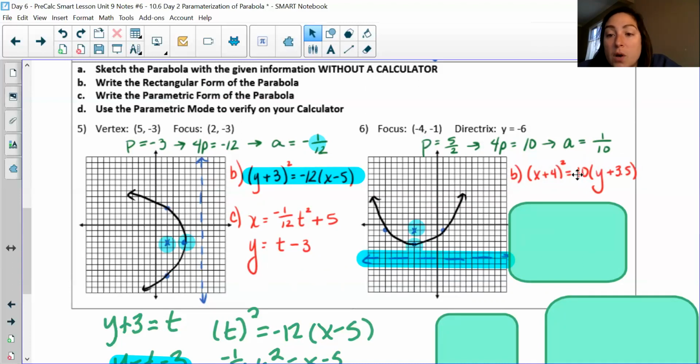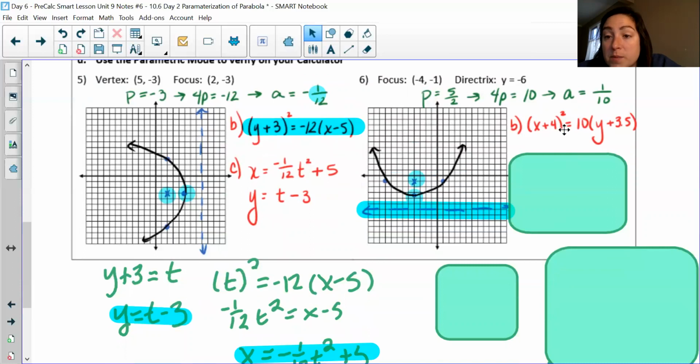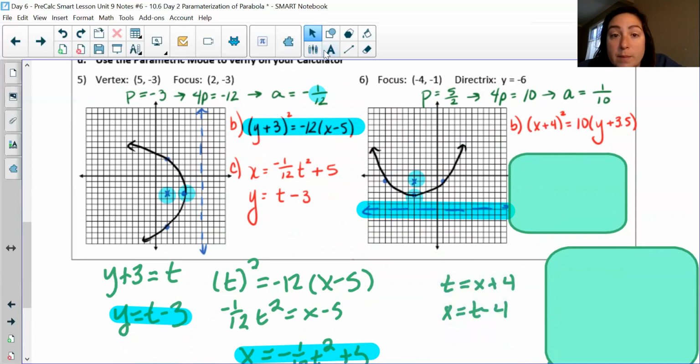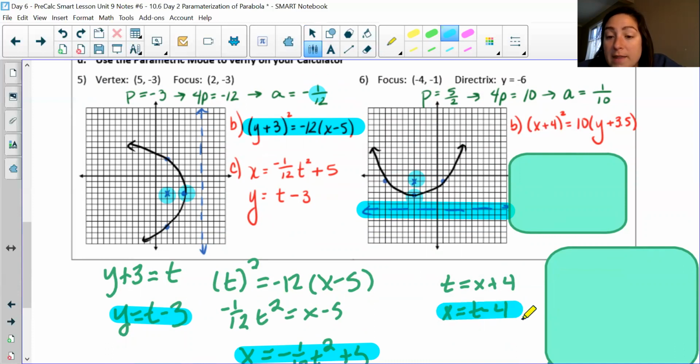All right, so I'm going to go with the substitution method first. So in this equation, since x plus 4 is being squared, I set x plus 4 equal to t and solve for x. So I get t equals x plus 4, which means x equals t minus 4. So that is our x equation. And then we take that and substitute it in here.